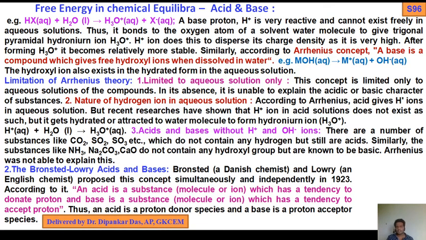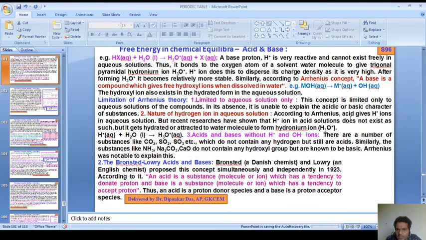Next, nature of hydrogen ion in aqueous solution.